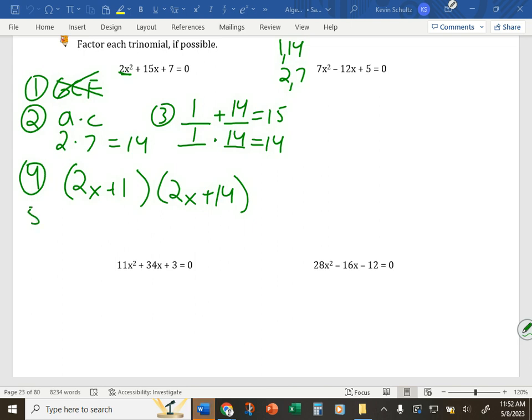Since we put an extra 2 in, we're now going to simplify what we can to take that 2 back out. And we can do that in our second set by dividing both by 2. And so that gives us the final answer of 2x plus 1 and x plus 7. FOIL that, crab claw that, box that, you're going to get the original trinomial.